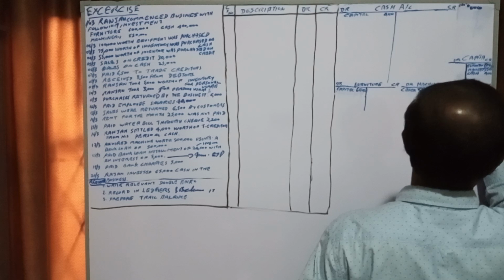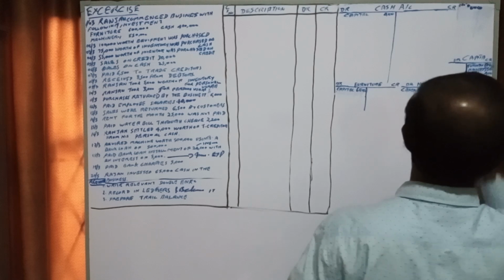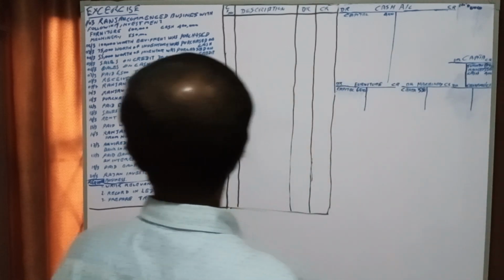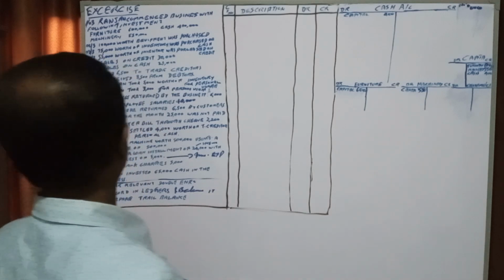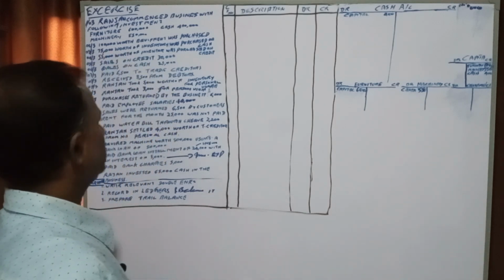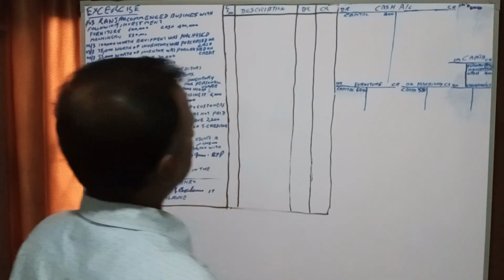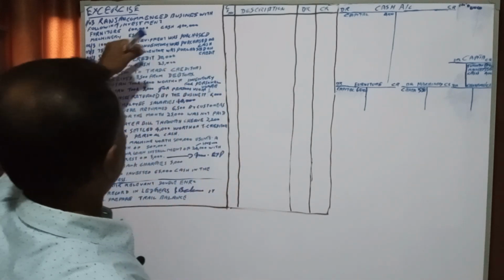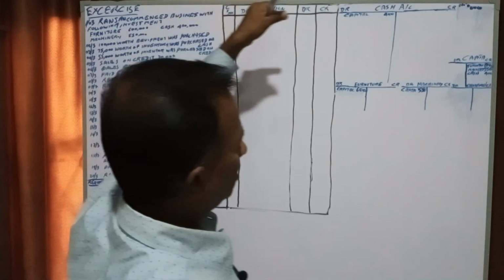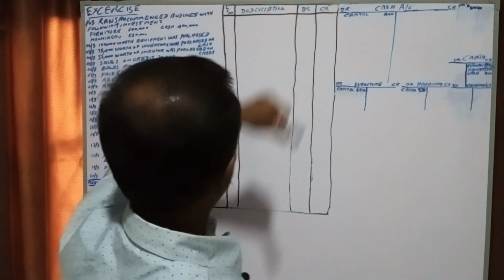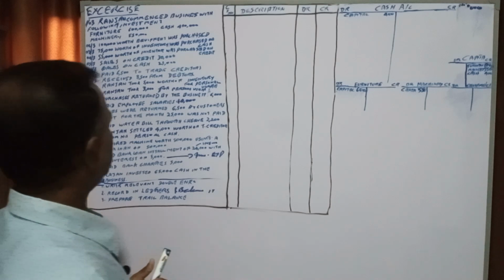You are purchasing 100,000 worth of equipment, so you are crediting the cash 100,000 and debiting the equipment. Why?